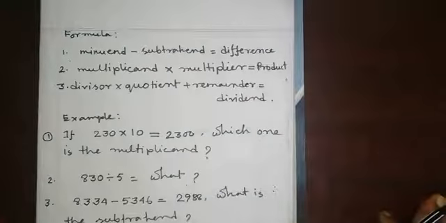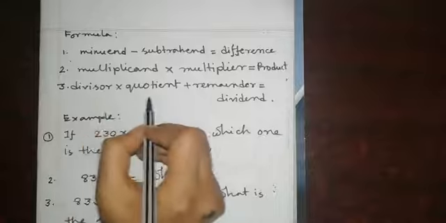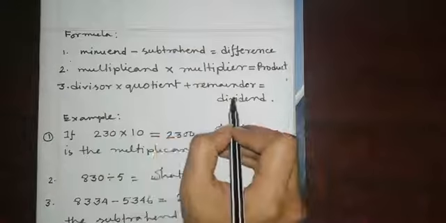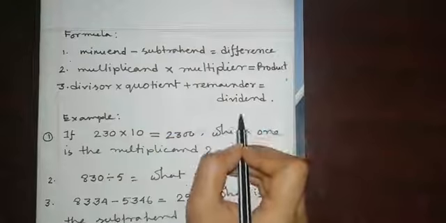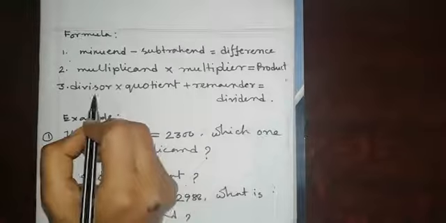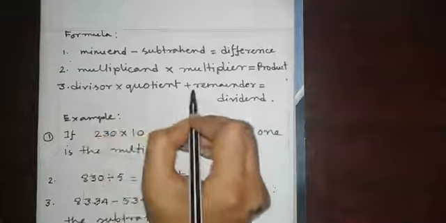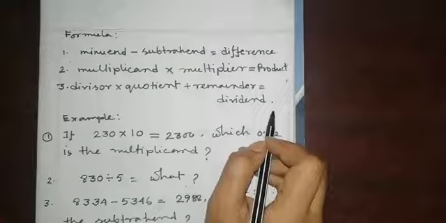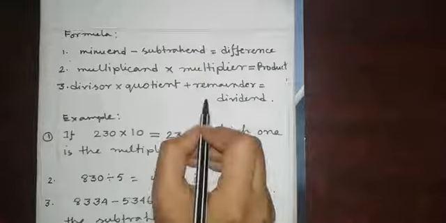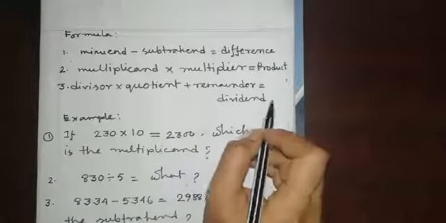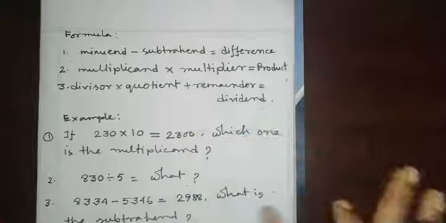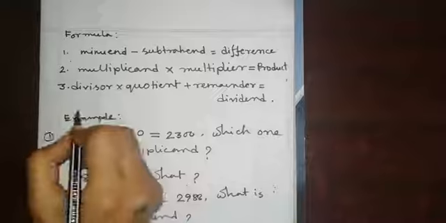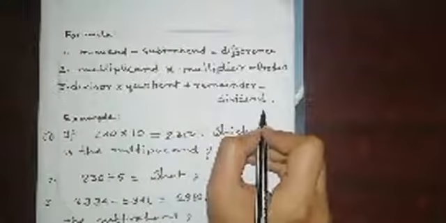And the next formula is divisor into quotient plus remainder equal to dividend. Again, divisor into quotient plus remainder equal to dividend. So if there is any remainder, then we need to use this formula, but if there is no remainder, then the formula is divisor into quotient equal to dividend, isn't it?